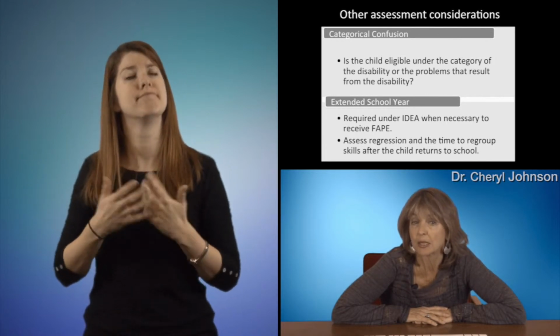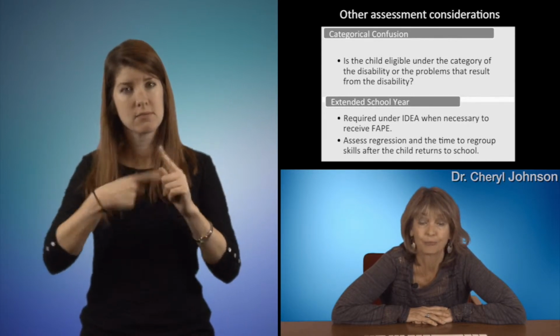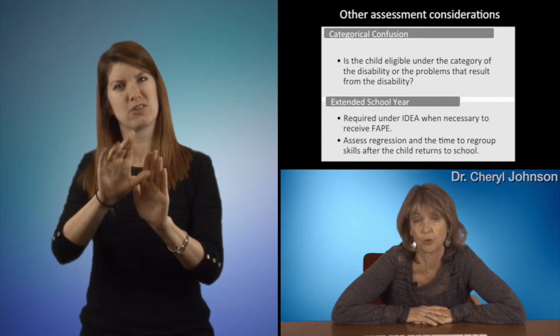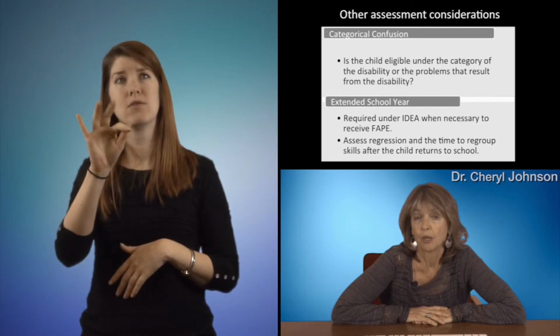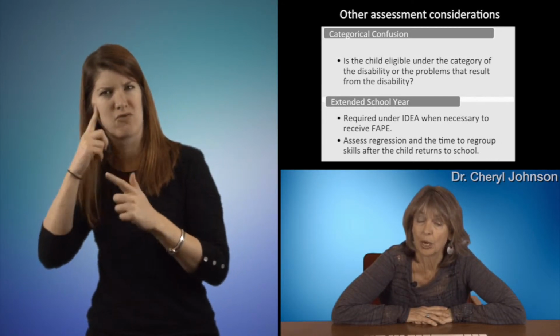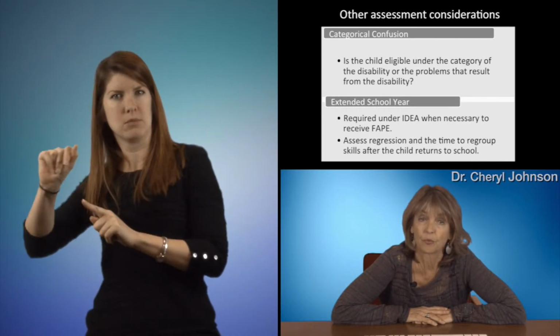Furthermore, as we track statistics about our children, it's very important that they're accurately representing the disabilities that our students have. So if we make a student eligible under speech and language and they have a hearing loss, even though they have a speech and language impairment as a result, that doesn't represent the actual disability that they have.